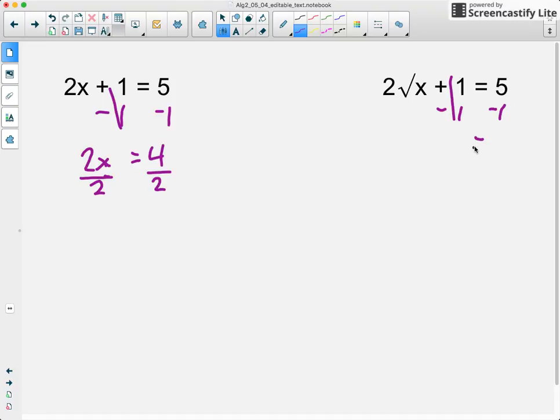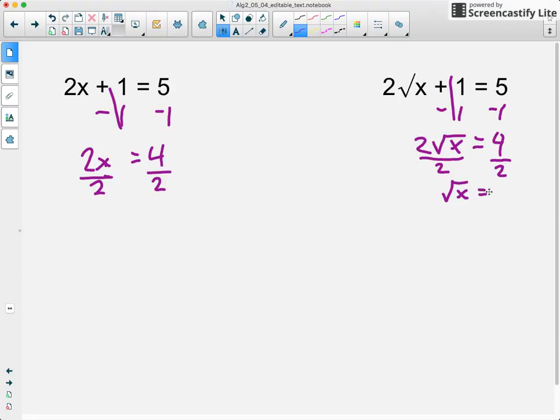And you have 2 times the square root of x equals 4. We divide both sides by 2. And you would get the square root of x equals 2.